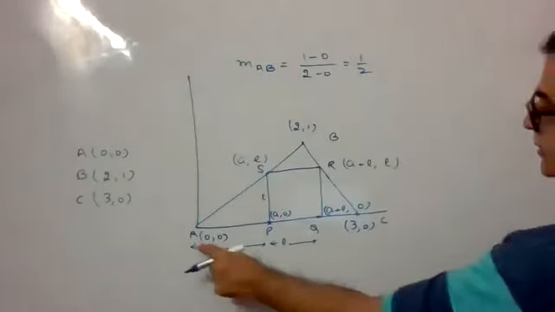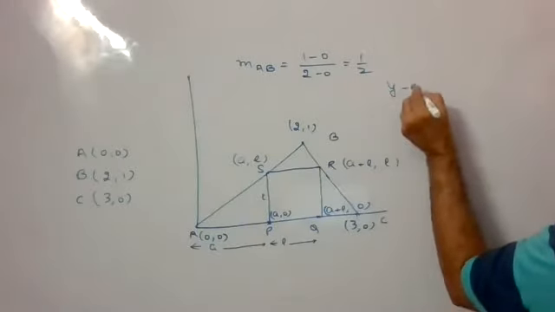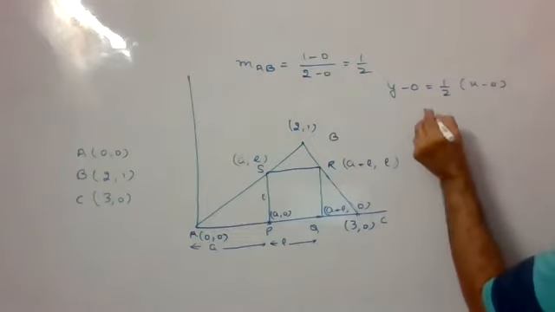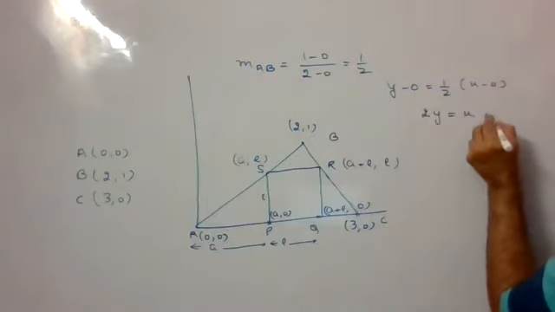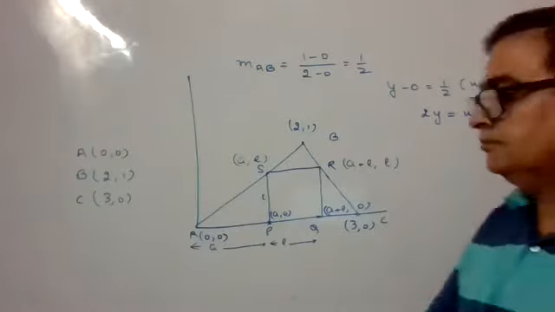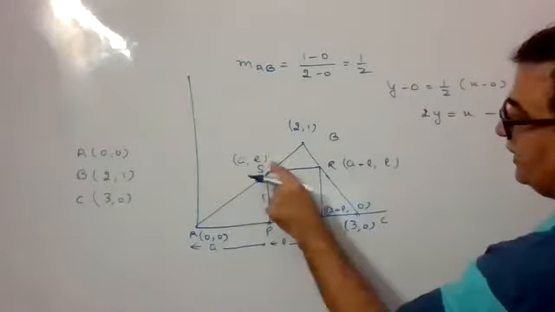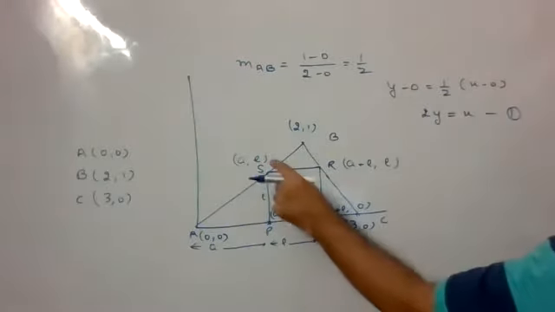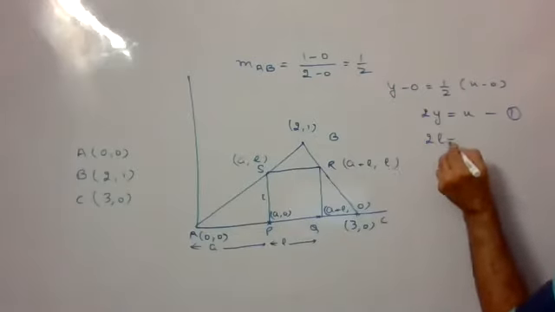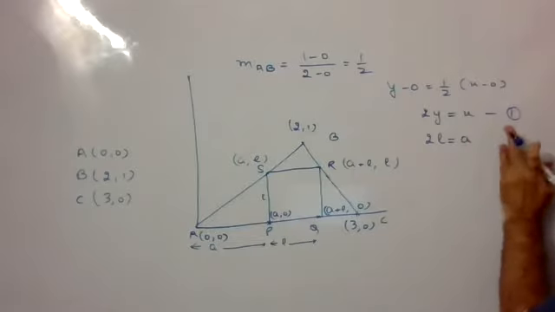Then equation will be, 0, 0 are the coordinates from where it is passing, y minus 0 will be half x minus 0. Or I should say 2y is equal to x. This is equation 1. This equation will satisfy A comma L. So twice of L comes out to be A. So we have one condition.